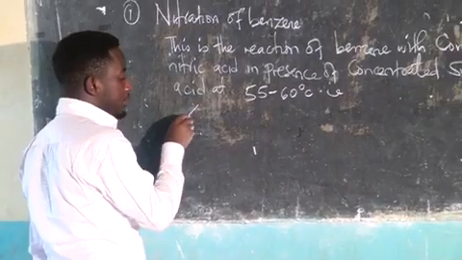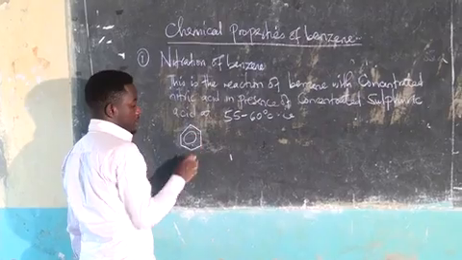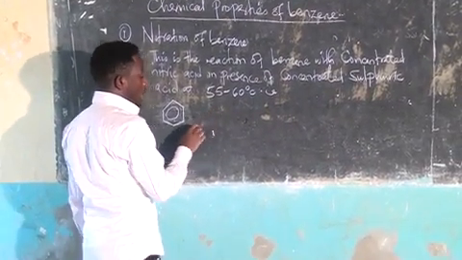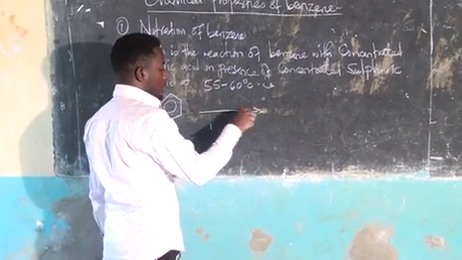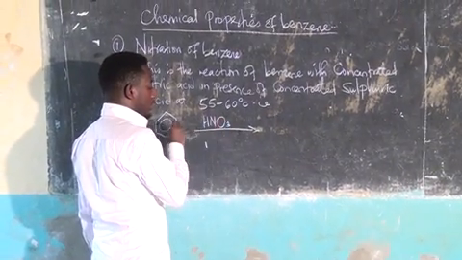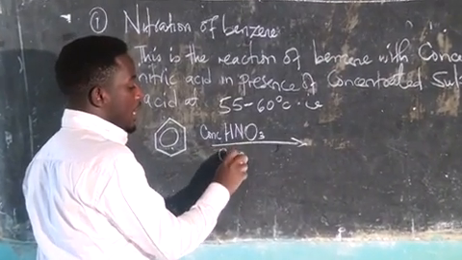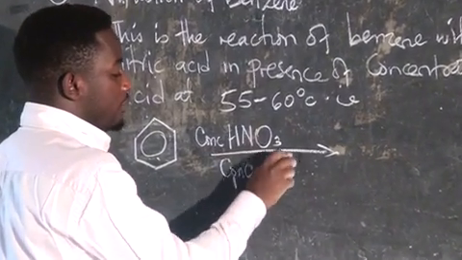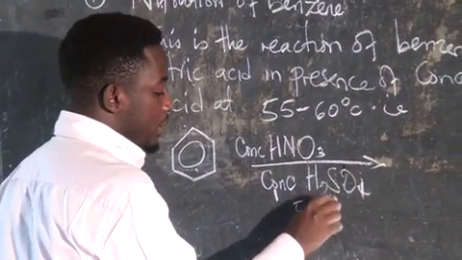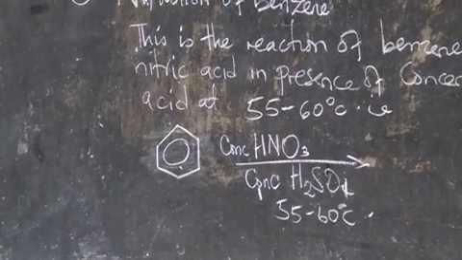This is my benzene ring. So I am adding concentrated nitric acid, and then concentrated sulfuric acid, at a temperature of 55 to 60 degrees Celsius.